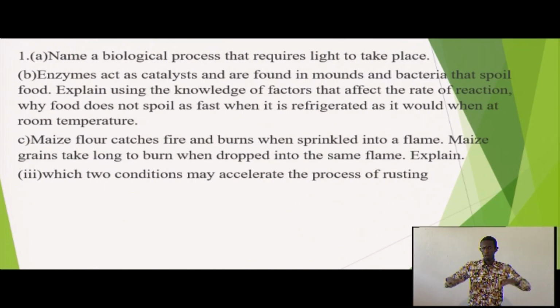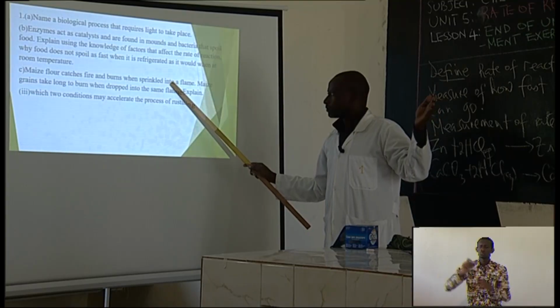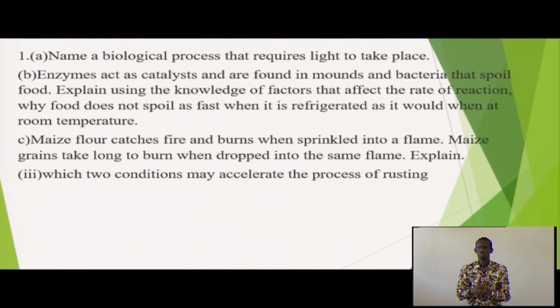Maize grains have a smaller surface area. So the rate of the reaction will be increased as you increase the surface area. Here we are applying the effect of the surface area. That's why the maize flour easily catches fire, because of the high surface area compared to the maize grains.